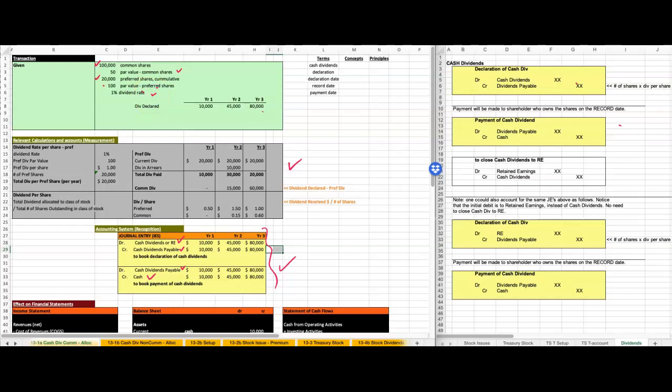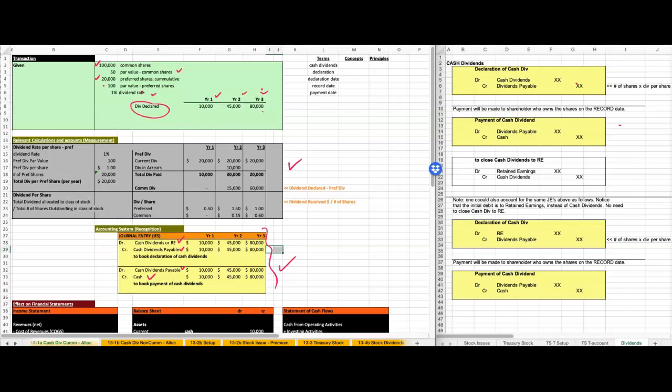And then you also have some declaration of dividends each of these 3 years: year 1, year 2, and year 3. $10,000 of dividends declared in year 1, $45,000 in year 2, and $80,000 in year 3. The question is how much of these declarations goes to each class of shareholder. How much of it goes to common shareholders, and how much is given to preferred.